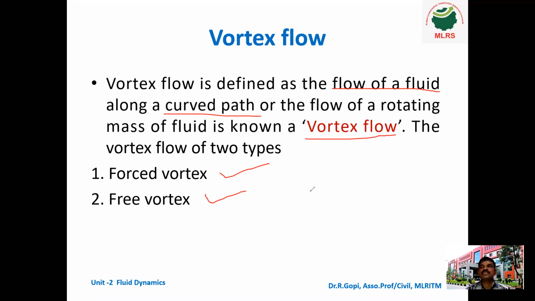Free vortex does not need an external force. The vortex is created automatically. That is called free vortex. We will see in depth what is meant by forced vortex and what is meant by free vortex.